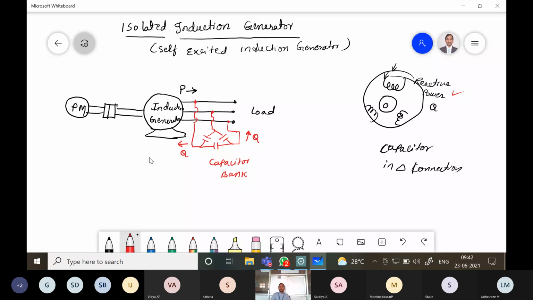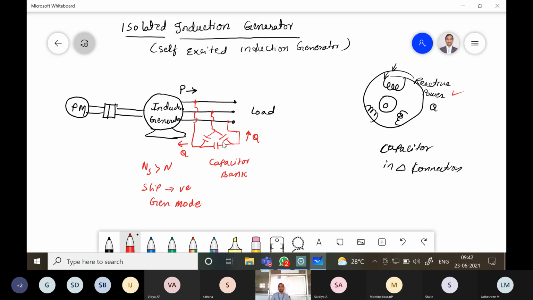And whenever Ns is more than N, the slip is negative. Okay, the motor is acting in generating mode. Then it will supply the active power to the load. So this is called an isolated induction generator or self-excited induction generator.